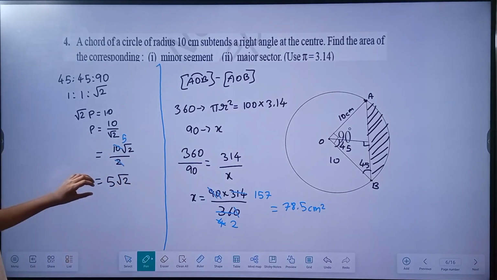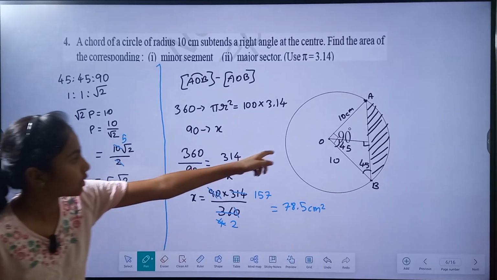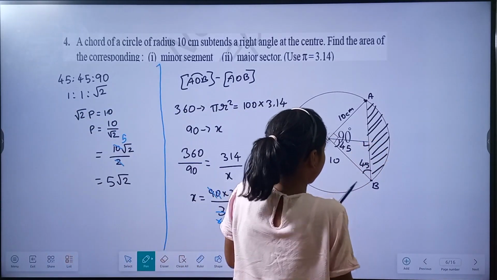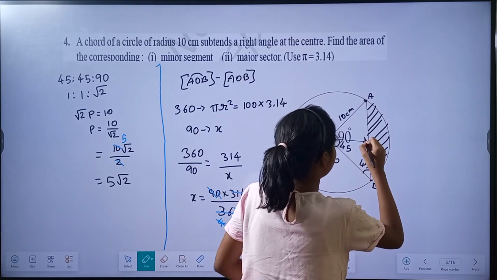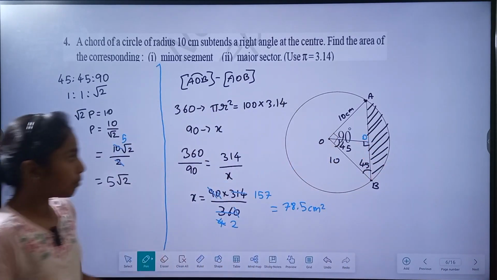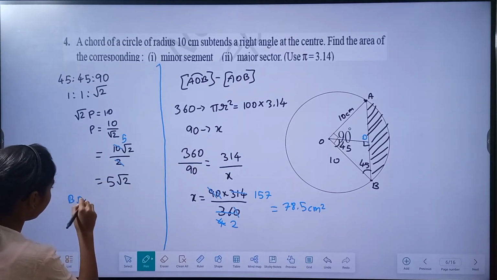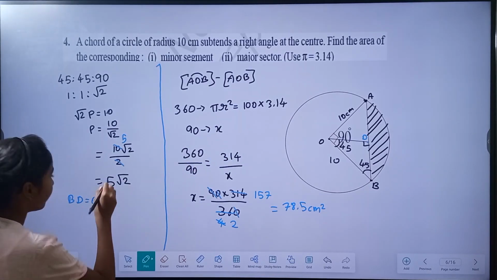So p equals 5 root 2. We label this point D. We get BD equals OD equals 5 root 2.